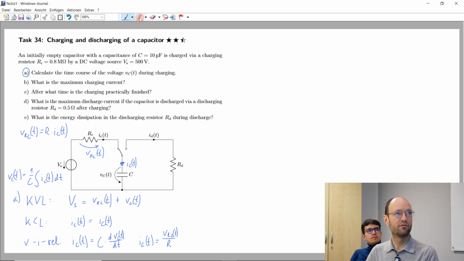And then we have two equations that we can insert into our Kirchhoff's voltage law, Kirchhoff's current law. So then we have two different voltages, the voltage drop across the capacitor and the voltage drop across the resistor, but then we can replace the voltage drop across the resistor.